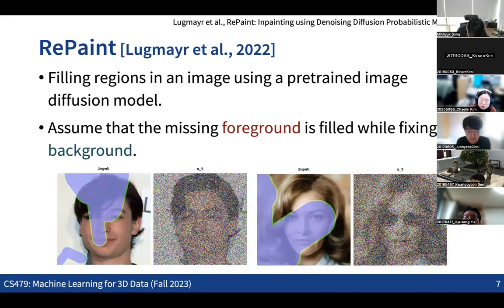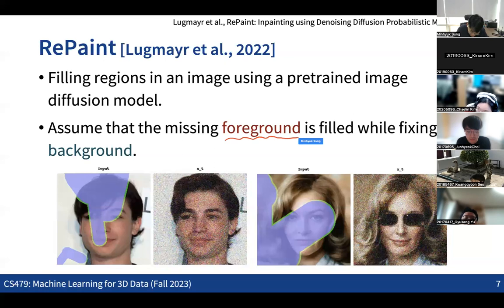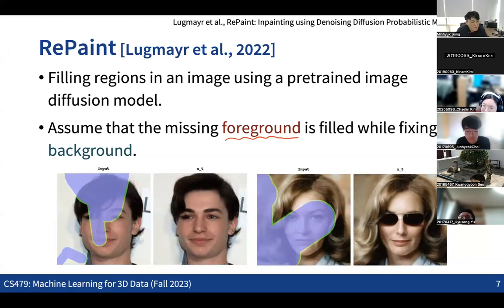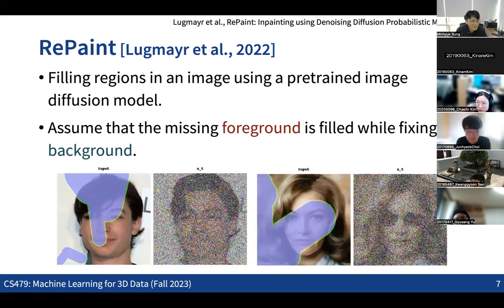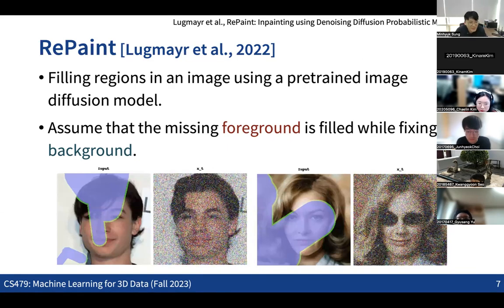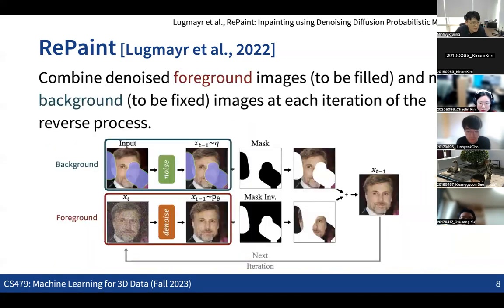So we're assuming that the foreground region is the missing region that we are going to fill in while keeping the background region. For that, there is a bunch of ideas, but a very practical idea here is that we are interweaving the forward and the reverse processes.